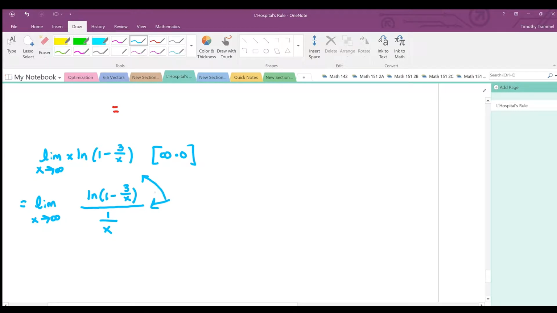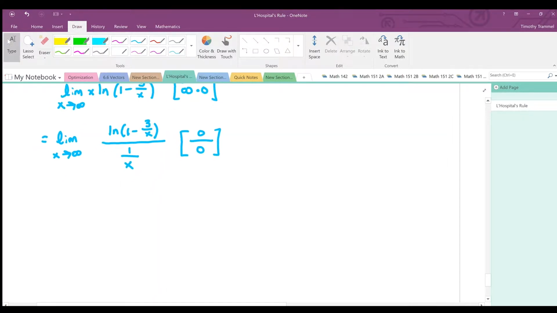So these two things are equivalent, but we are now in a form where we can use L'Hopital's rule, because this natural log part is still going to 0, and this 1 over x is now also approaching 0.